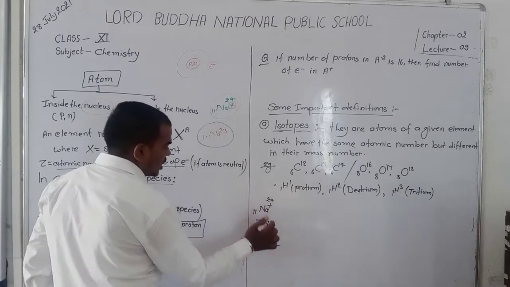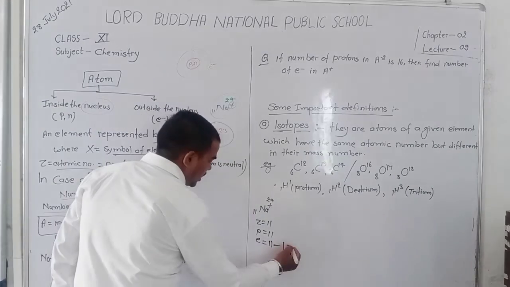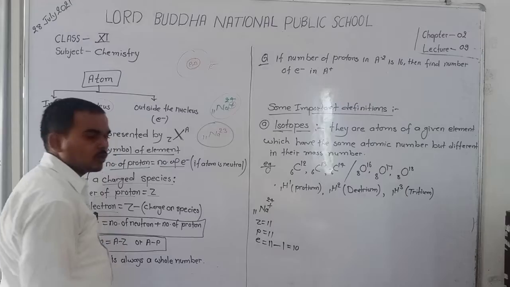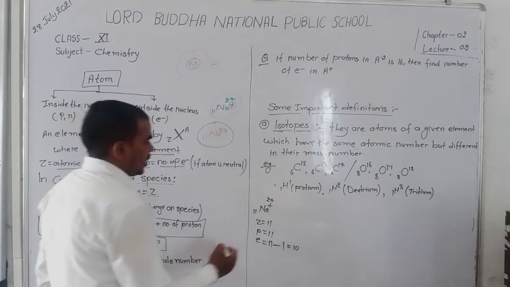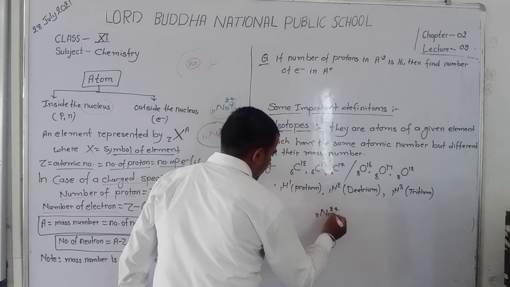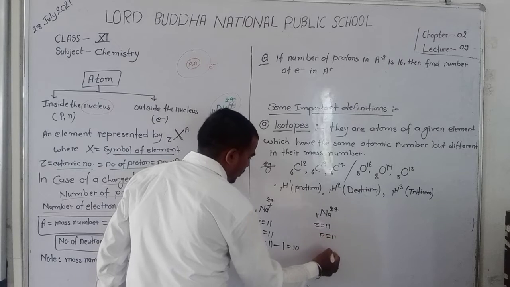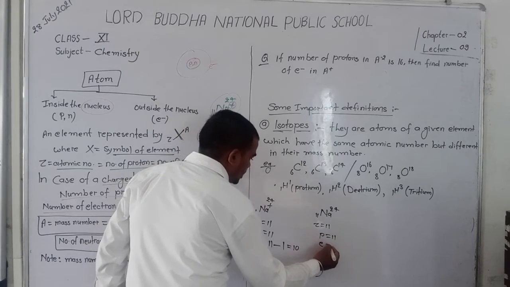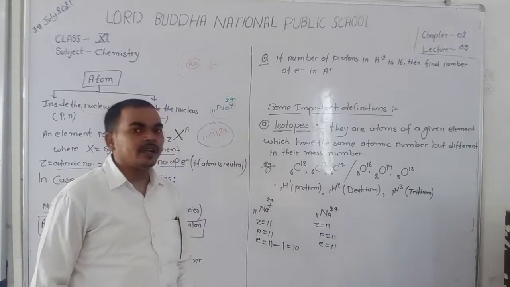Here there is 1 positive charge, so write 1 plus. So the number of electrons is 10. But in case of neutral Na, the atomic number is 11, proton number 11, and electron number is also 11 because it does not contain any charge.